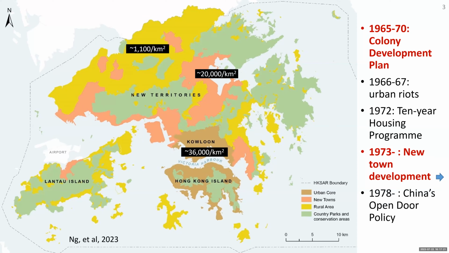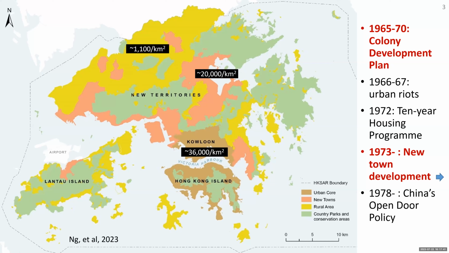I think if we really look into Hong Kong's colonial past, it might give us some ideas. The ceded territory of the British colonial government is basically Hong Kong Island and Kowloon.